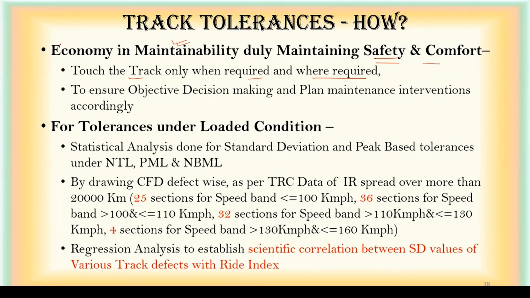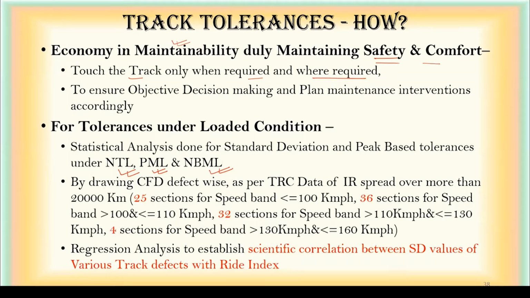So that is the basic motto of deciding these tolerances, and these tolerances have been decided based on a statistical analysis of about 20,000 kilometer data. These tolerances, what I call new track limit, maintenance limit, or need based maintenance limit, have been decided based on 20,000 kilometer of track parameters data or TRC data.